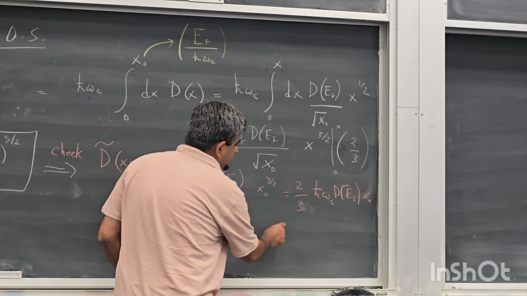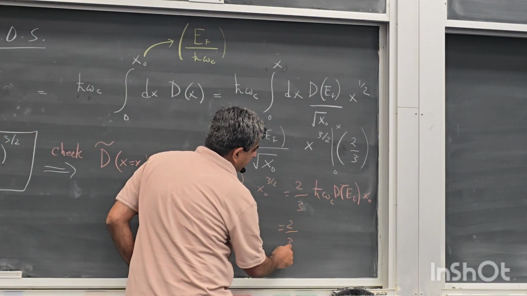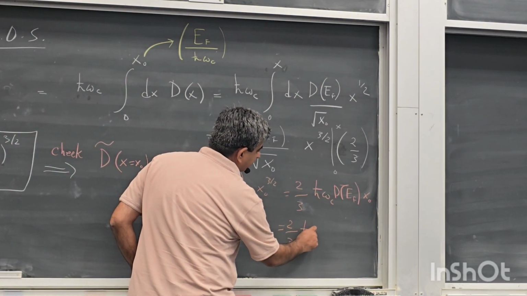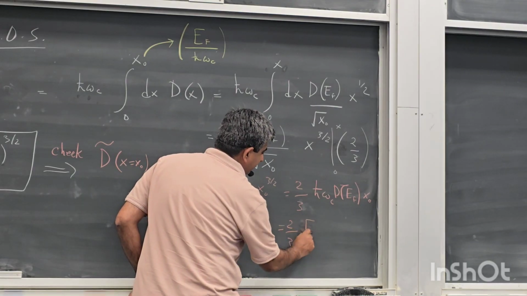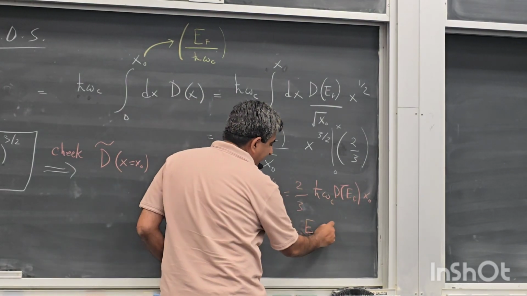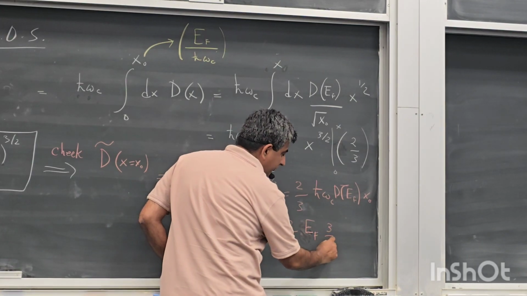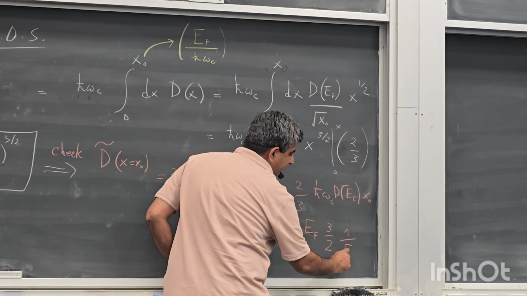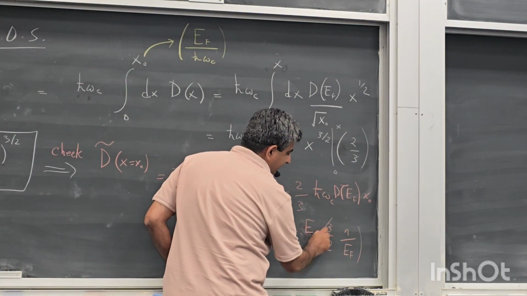So this becomes 2 over 3 EF times d EF, but d EF we've already calculated in our previous lectures: 3 over 2 into n over EF.